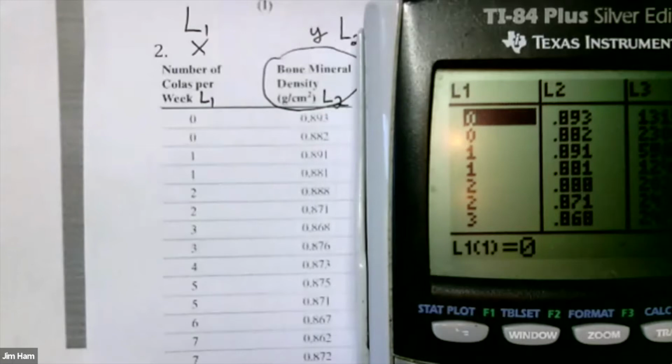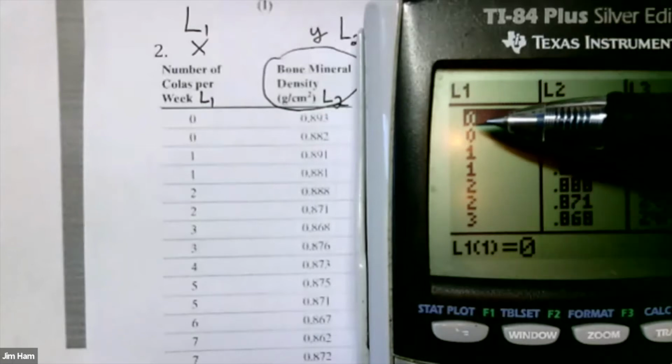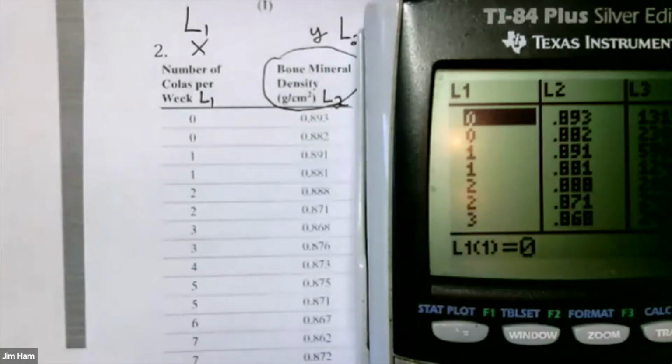Okay, is everybody ready? Got them all in there? L1. You can also see that these bone mineral density numbers don't vary a whole lot. For just about every participant in the study, the bone mineral density ranges from about 0.86 to 0.89.